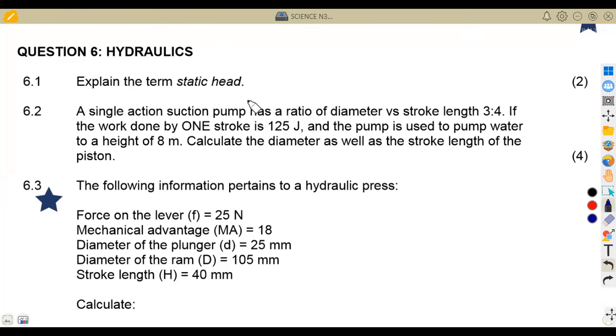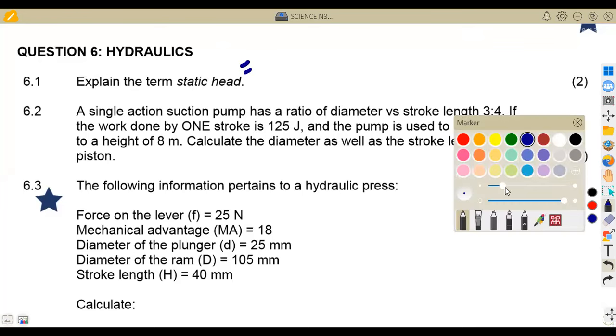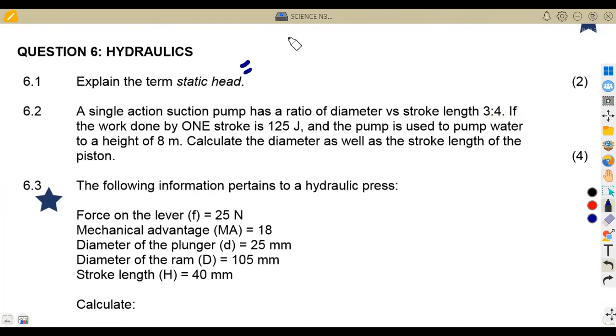So the static head, remember, is given from the equation that we know. It's actually the combination of the suction head and the delivery head. Let's write this as a formula: the static head is equivalent to the sum of the suction head plus the delivery head.